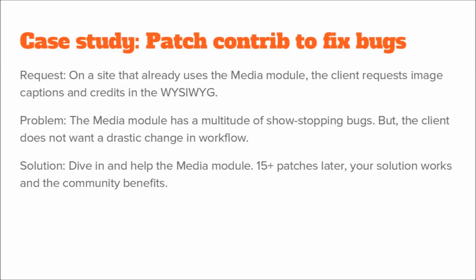And media module is what it's intended to do, but it had a lot of bugs, especially with the CKEditor, which is the WYSIWYG that we were using. So this was a very large project, but basically I just dove in and started fixing these bugs one by one, and getting the features that I needed and fixing the problems that were there.